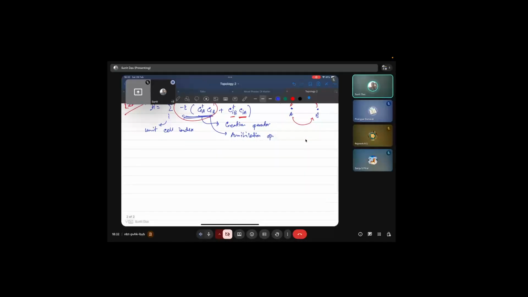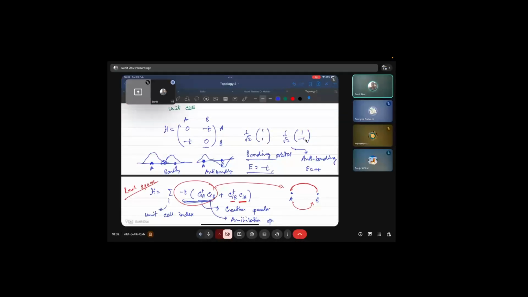And how the energy looks like, we already know there are two eigenvalues. We have a Hamiltonian of 2 by 2, right? Once you diagonalize this Hamiltonian, you will get two energies.